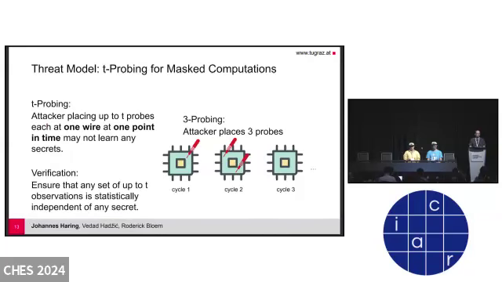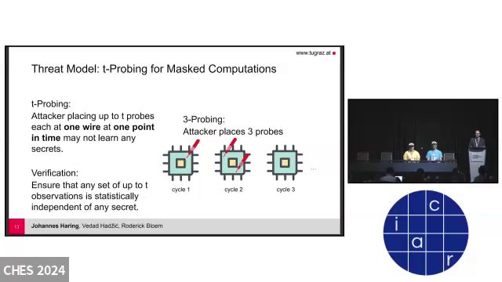Now, in order to actually work with this in a formal way, we need a model which is more practical than statistical correlations. So the T-probing model was introduced to do exactly that. In the T-probing model, an attacker is allowed to place up to T probes on any wire at one point in time and learns all the information that flows through them.